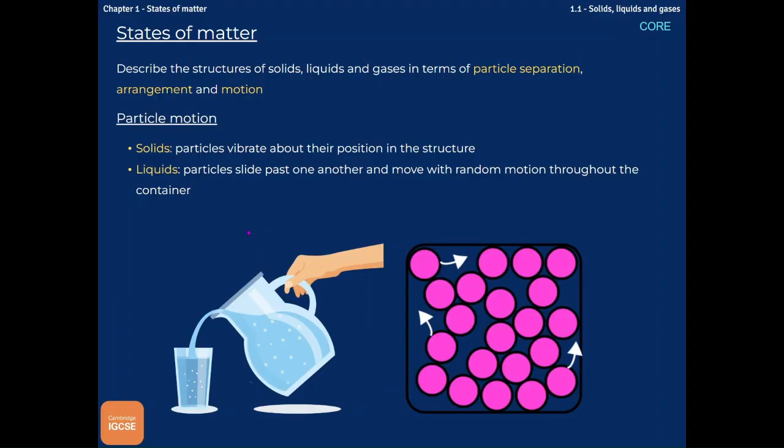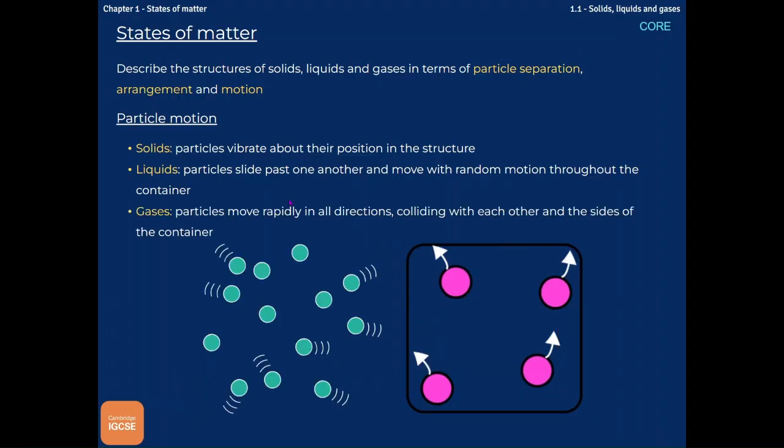So we talked about this before. Liquid particles slide past one another and move with random motion throughout the container, right? Other forces can act on the liquids to make them move in certain ways, like in this case, gravity is pulling down these particles to make them fall. Gases move rapidly in all directions, colliding with each other and the sides of a container, right?